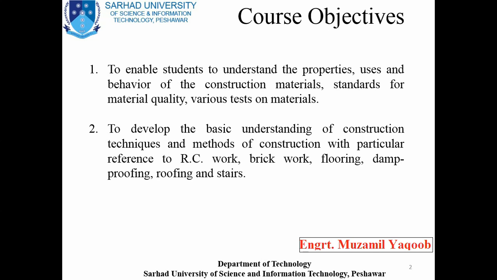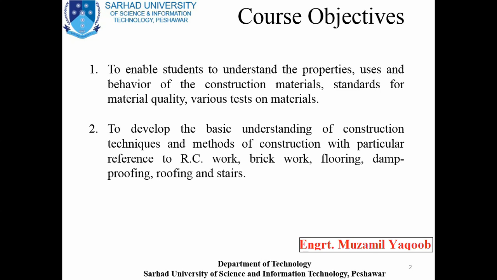So the first objective is understanding the properties, uses and behavior of construction materials, standards for material quality, and various tests on materials, and then you should be able to identify the quality, standard and behavior of different materials.